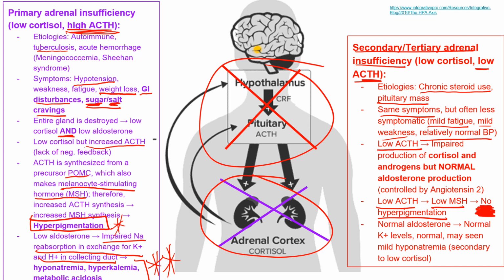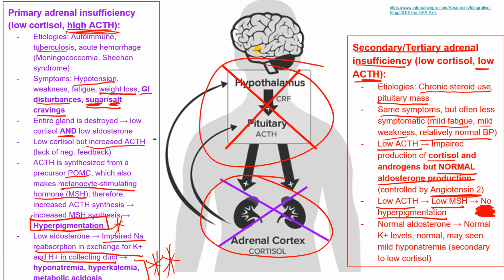The second key way is that, if we remember back to one of our introductory slides, ACTH is responsible for the cortisol and androgen producing sections of the adrenal cortex, but not the aldosterone producing section. So in these patients who have a low ACTH, they'll have impaired production of cortisol, but they'll actually have normal aldosterone levels, because aldosterone is regulated by angiotensin II.